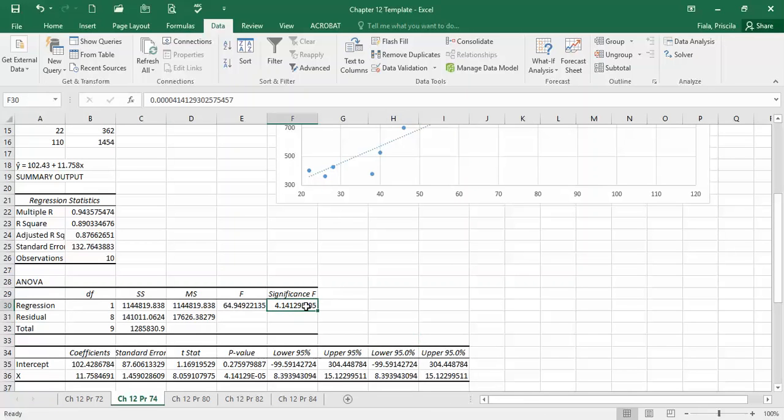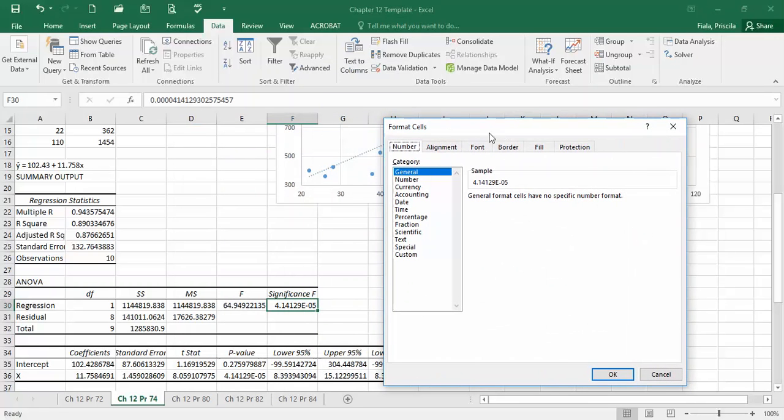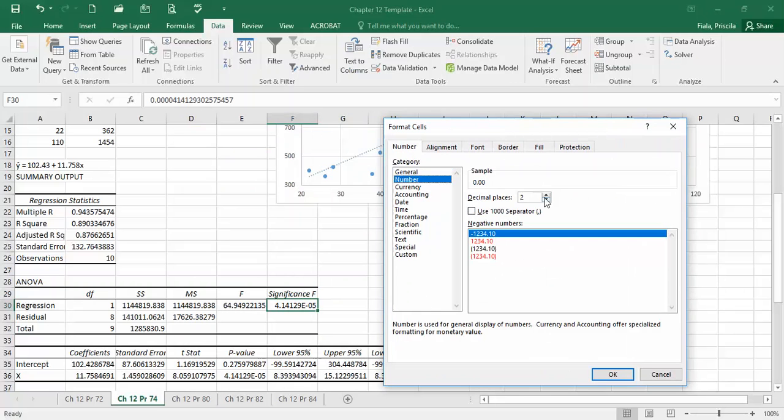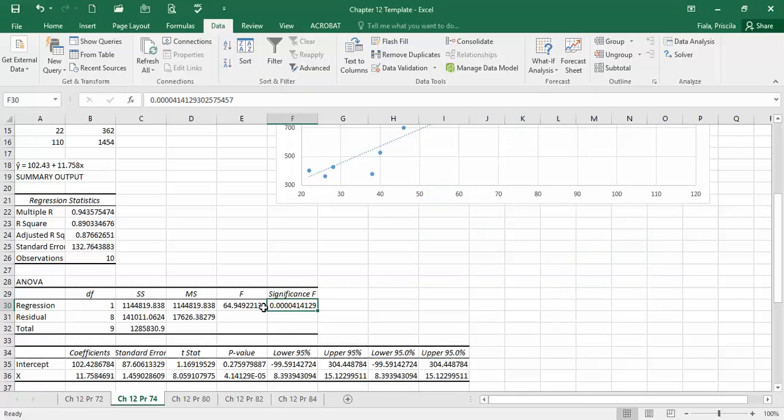Do you see how it's like this? It's because you need to format differently. It's a lot of zeros. If you keep an eye over here, if I add the decimals, see how it changes? Because there are several zeros before, it puts in this weird format. It depends how your Excel is formatted.